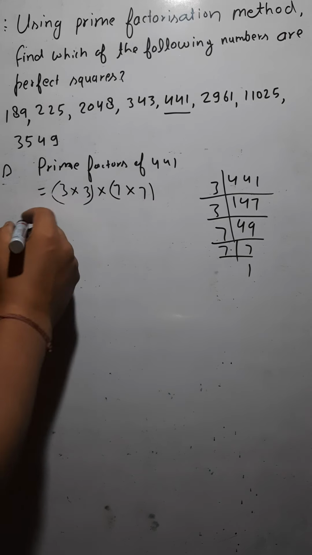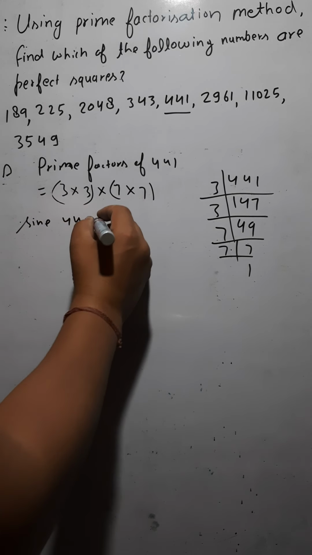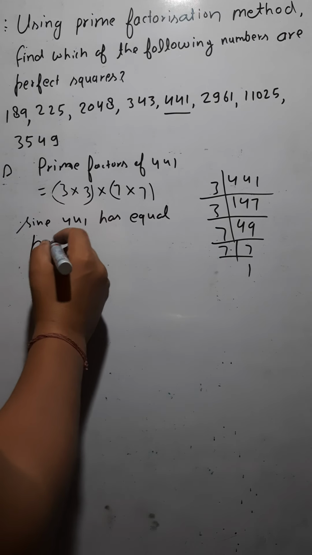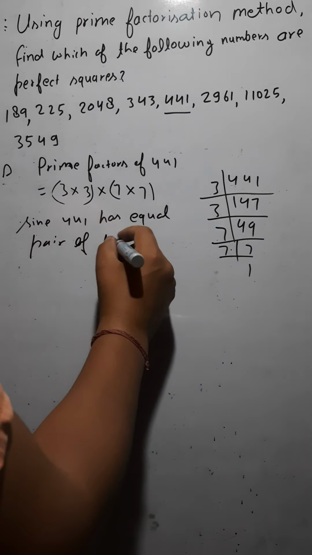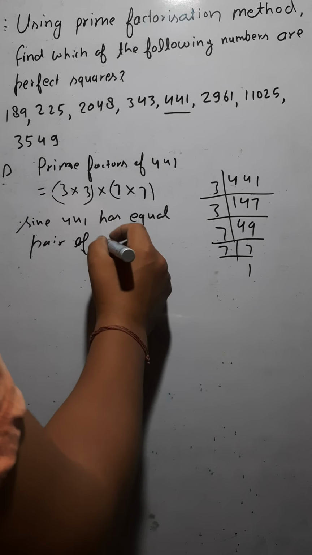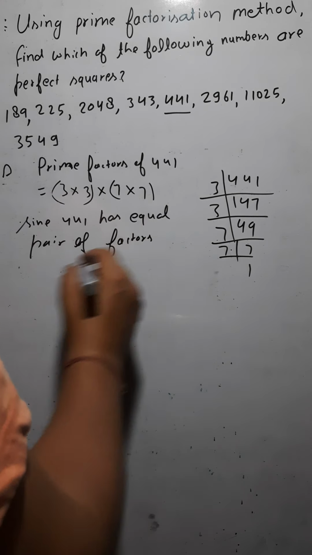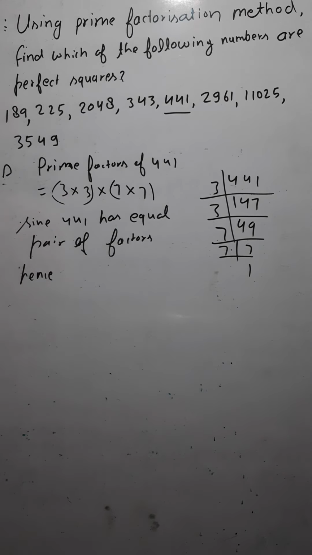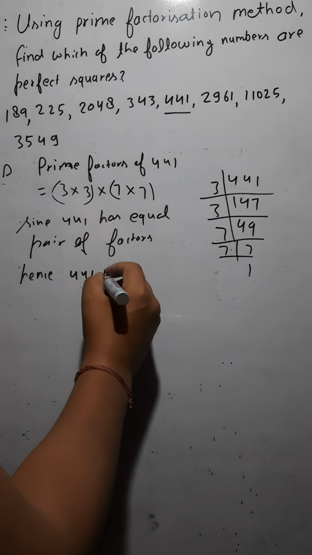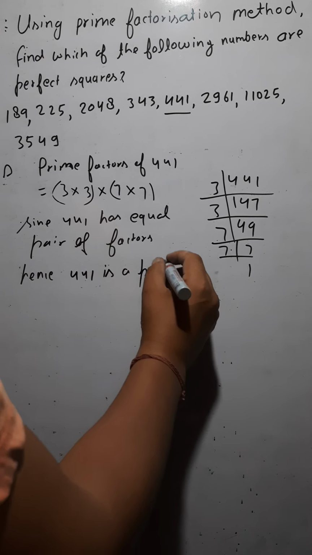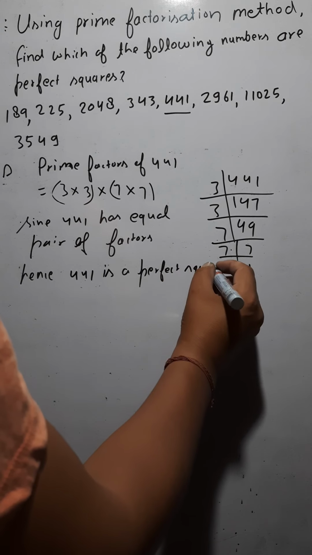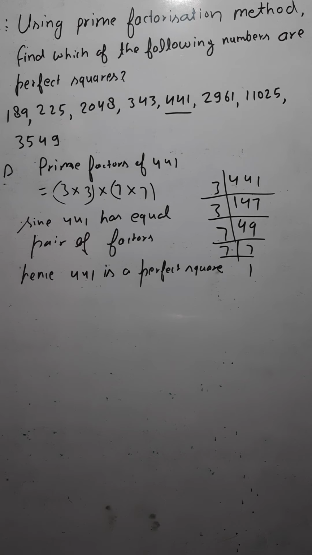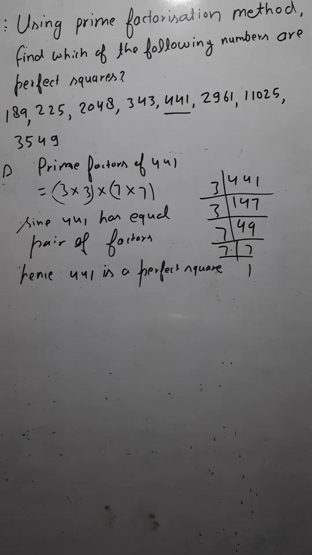So hence you would write here, since 441 has equal pairs of factors, hence 441 is a perfect square. Are you getting this? Note it down, and similarly you will do the rest of the questions also. Try these questions yourself.